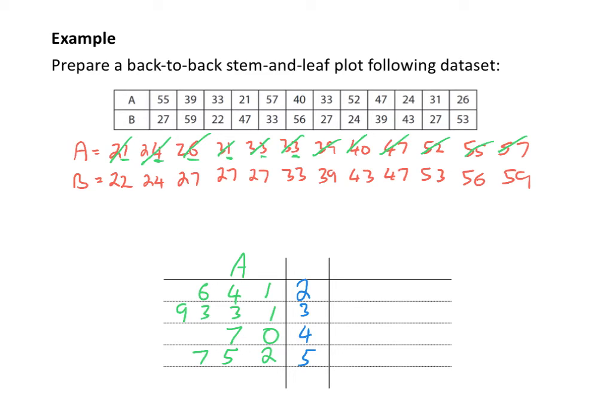I need to go ahead and have a look at my second data set, and this data set is going to be data set B. This time when I write my leaves on, instead of going from right to left, I'm going to go from left to right. So looking at my 20s, I've got 22, 24, 27, 27, 27.